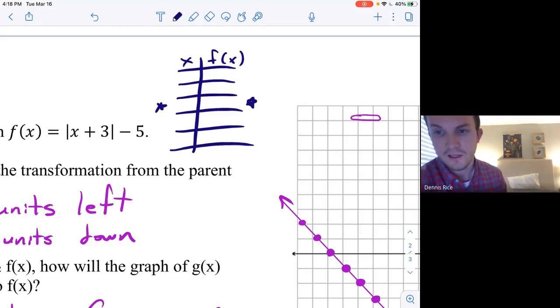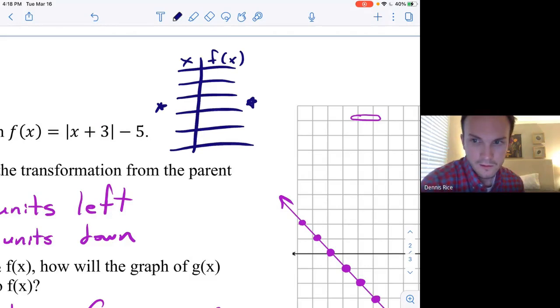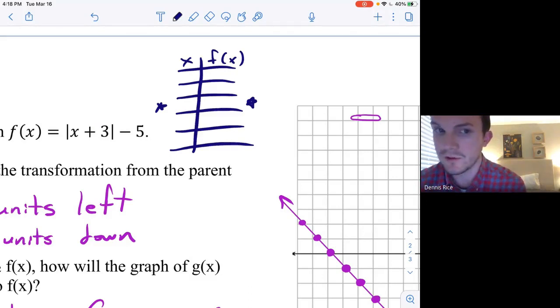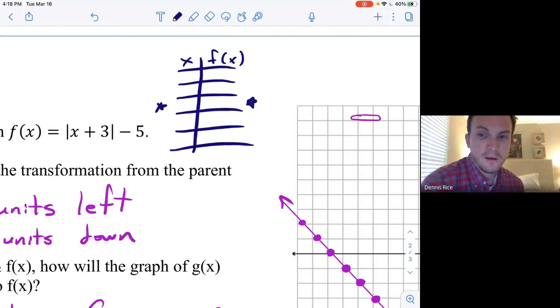What do you want to be in the center? Not 0. Generally speaking, well, -3 in this case. What you want to be in the center is the vertex, where the point of symmetry occurs. Yeah, -3 in this case, Rachel, good.